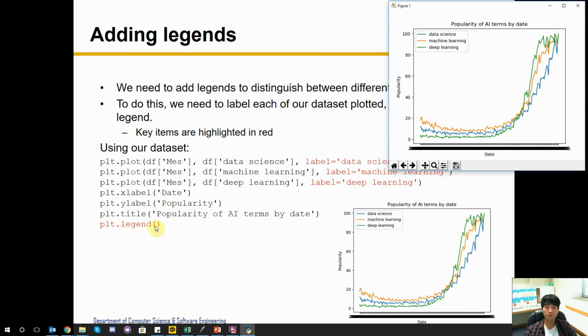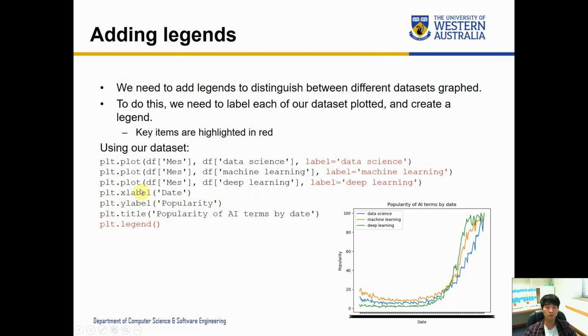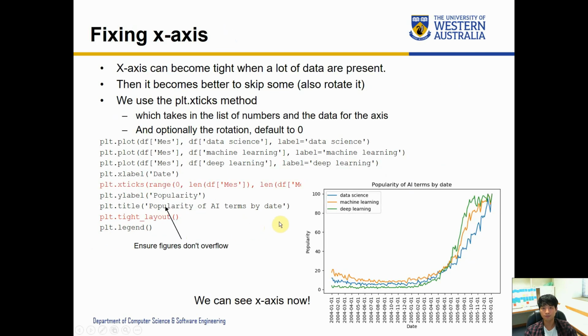In this way, rather than passing in a list of actual label values, we're going to directly retrieve the labels from each line. That means I don't have to get confused if I am graphing different lines at different places. Okay, the remaining stuff should be familiar to you, just labeling X and Y and adding some title. Okay, so adding a legend is quite straightforward. Just add some labels and call plt.legend.